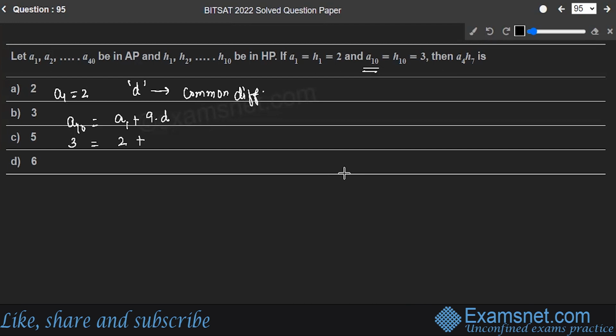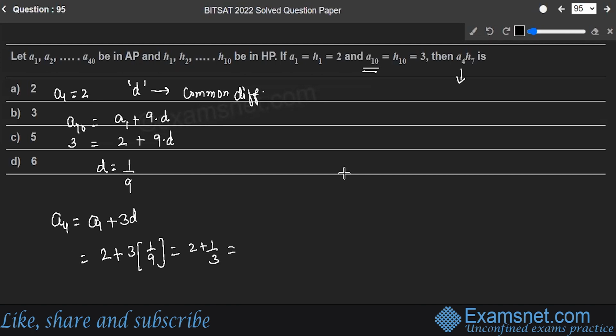A1 is given to me as 2 plus 9 into D. So that makes D as 1 by 9. Now you have to find out A4. A4 is A1 plus 3 into D, or this is equal to 2 plus 3 into 1 by 9, or this is 2 plus 1 by 3, or this is equal to 7 by 3.